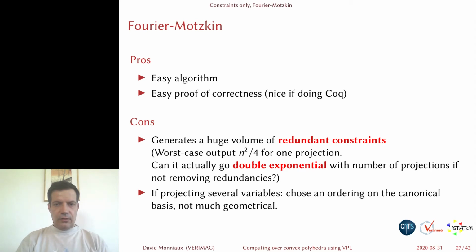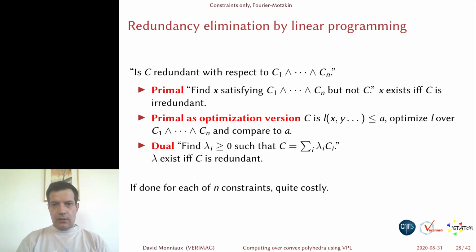As I said, linear redundancy elimination can be done by linear programming. There are multiple ways of doing that. You can do it in the primal. A constraint is irredundant with respect to a system of other constraints if and only if there is a point that satisfies the system of other constraints but does not satisfy that new constraint.